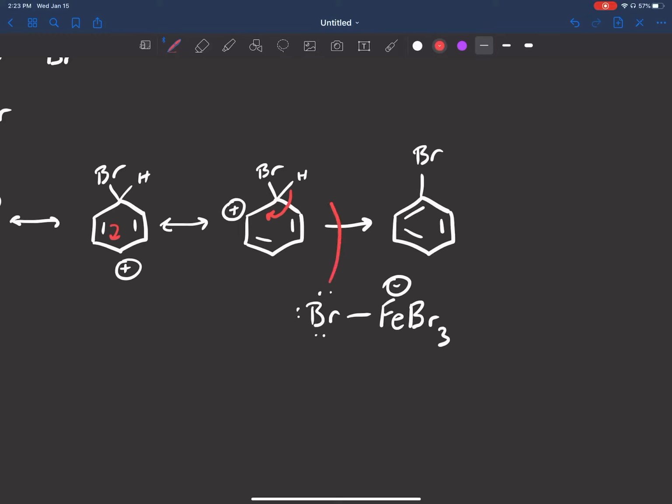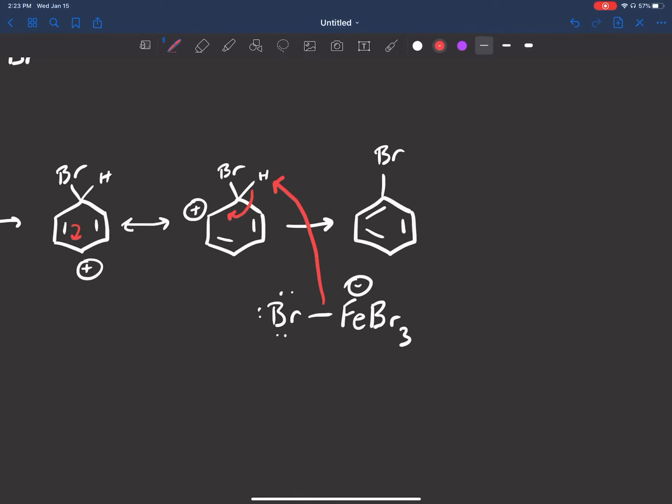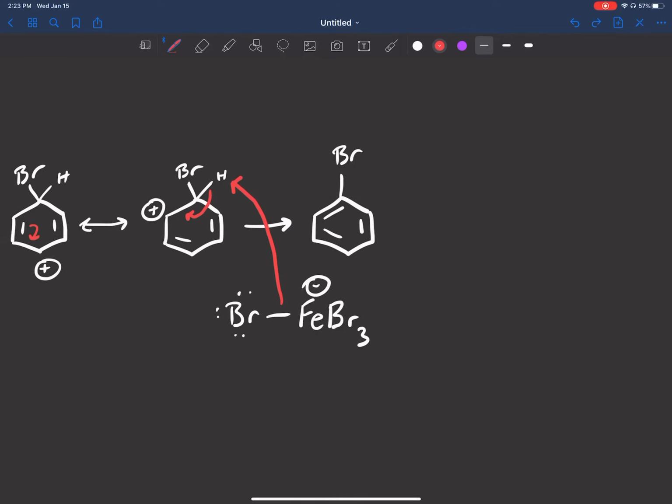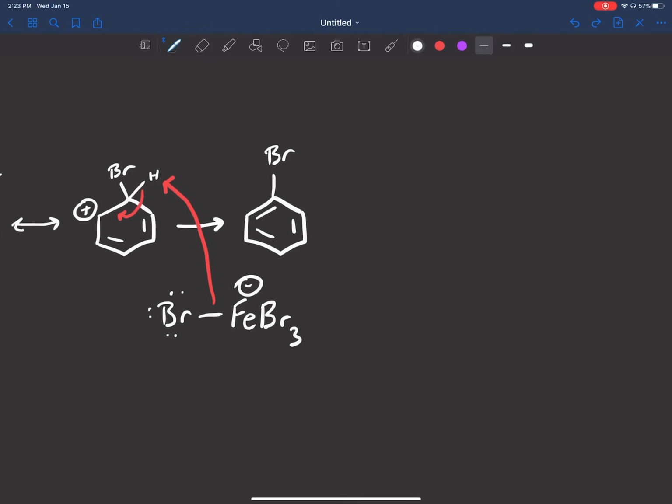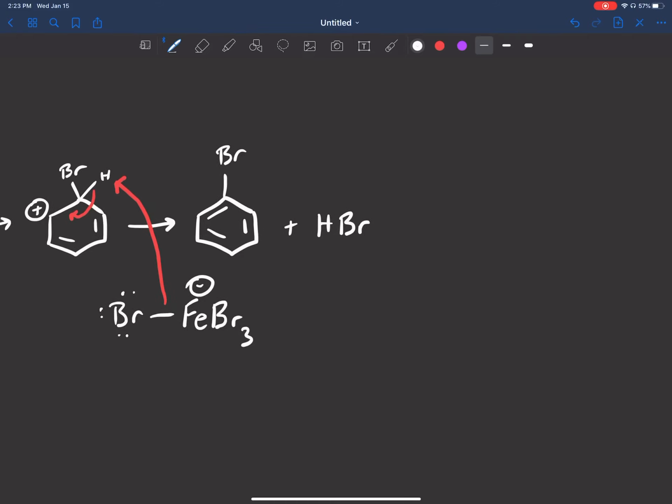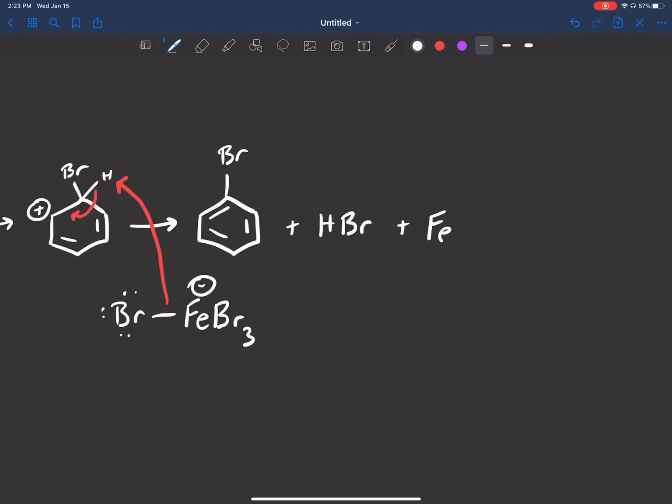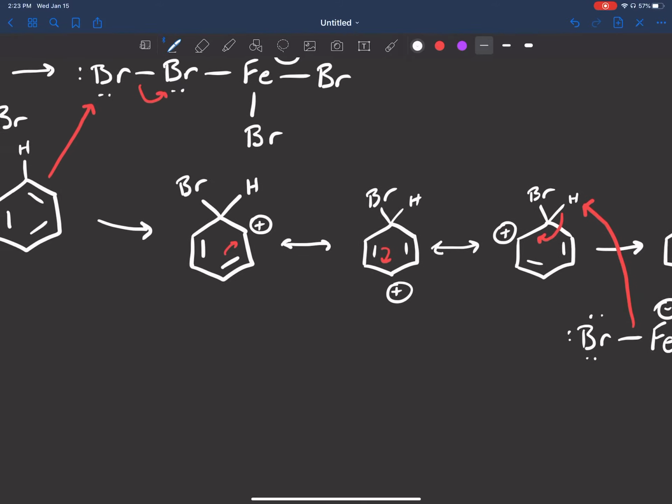That'll grab the hydrogen, using this bond, right? So what we showed by using this bond is it's disconnecting and grabbing that H at the same time. So this is going to form HBr and regenerates our catalyst, FeBr3, so we don't need to keep adding it. Alright? And so that's the bromination mechanism.